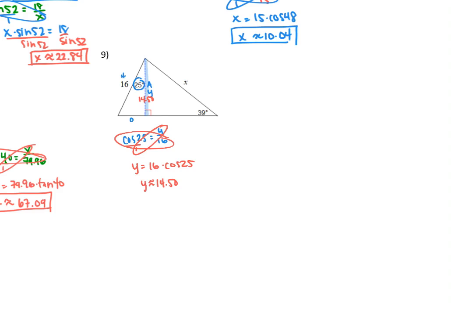Now I can move to the triangle on the right. Using 39 as my reference angle, x is my hypotenuse, this bottom side is my adjacent, 14.50 is my opposite side. So since I'm solving for my hypotenuse and I have my opposite side, OH means I'm going to use sine. And cross multiply again.